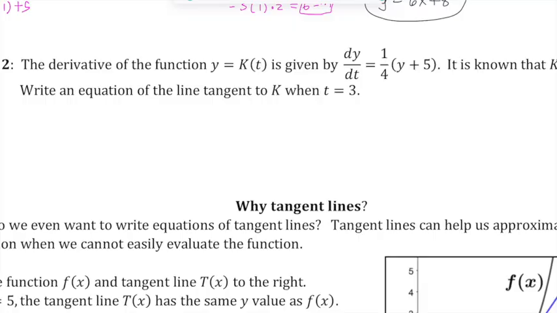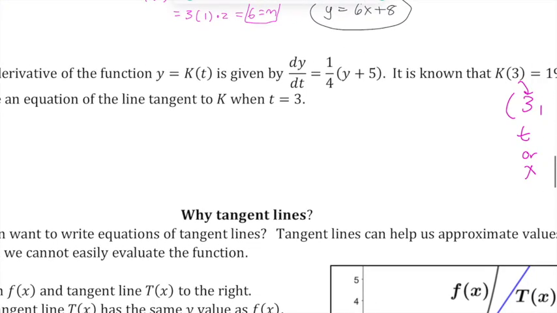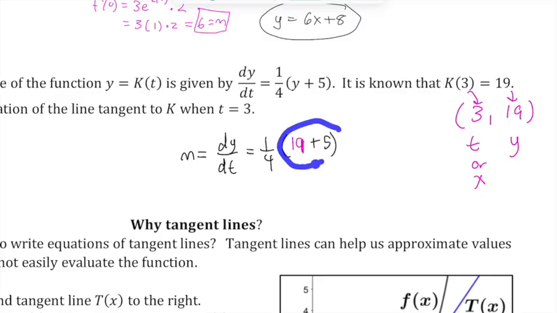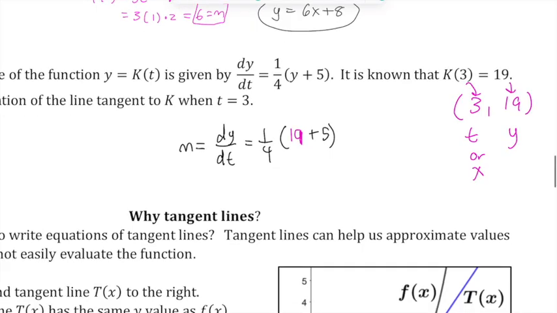The derivative is already given to us, so we just substitute the y value when t is equal to 3. We know when t is equal to 3, y is 19, so we plug in 19 to solve for the slope of the tangent line. If we simplify, we get 24 times 1/4, which equals 6.